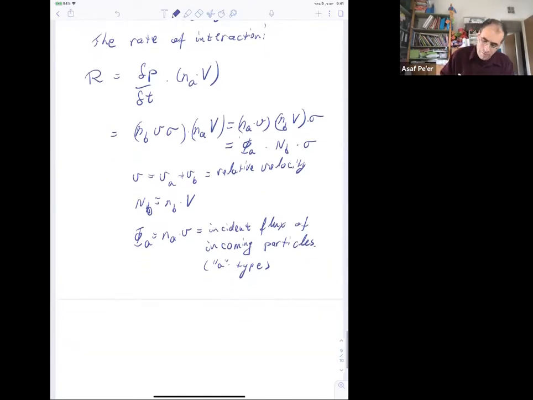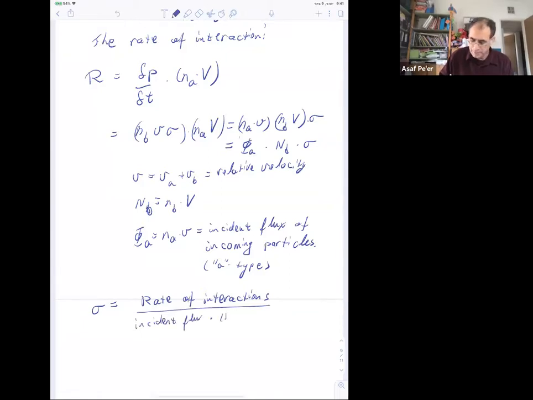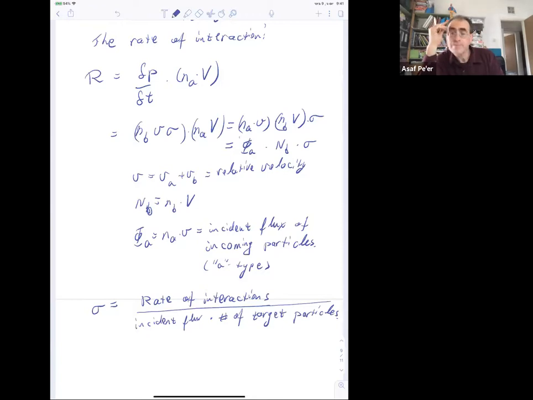Or we can write that sigma is just the rate of interaction, R, divided by the incident flux times the number of target particles. Is that clear?